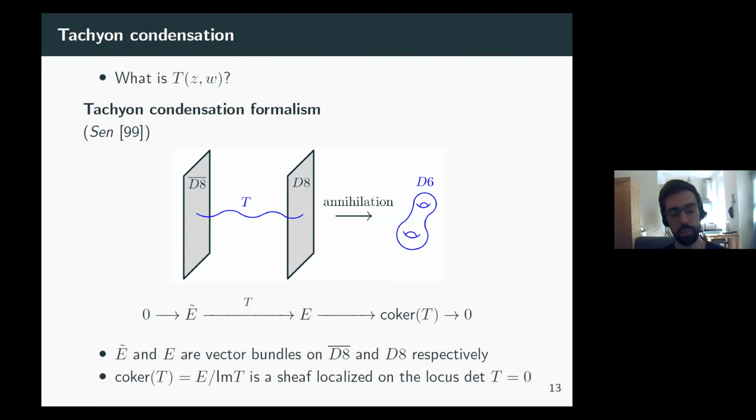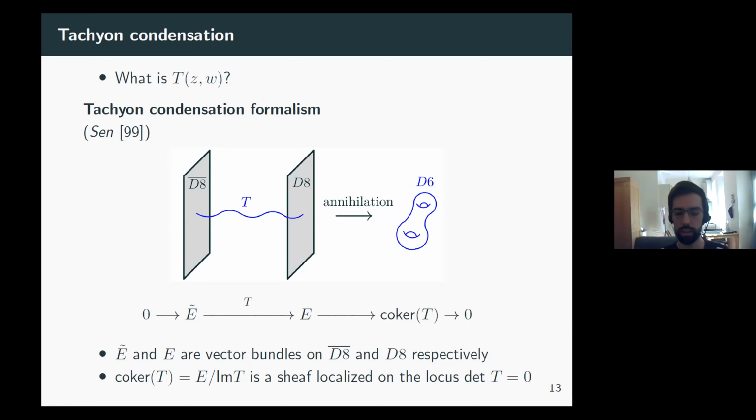The question that is left to address is, what is this matrix T that I've introduced? The answer comes from the tachyon condensation formalism, first developed by Sen in 1999, that roughly speaking says the following. We can consider a stack of D8-branes and a stack of anti-D8-branes connected by some tachyonic strings that can be arranged in a tachyon matrix.